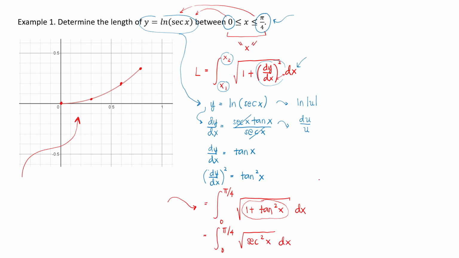Eliminating the radical expression, what's left now is just secant x dx. I think this one is a bit easier for the calculator to solve compared with the first one, which is a radical expression.